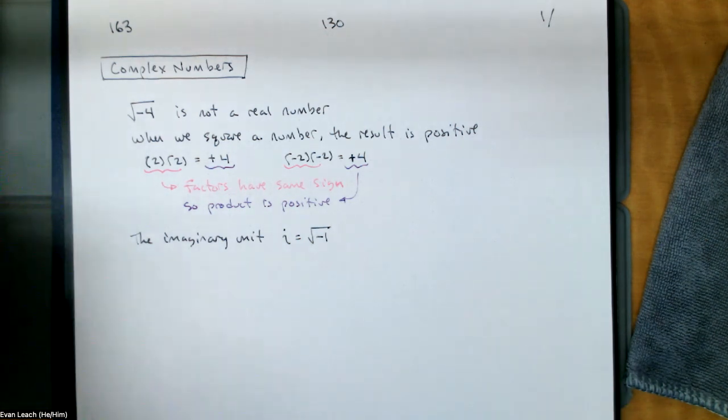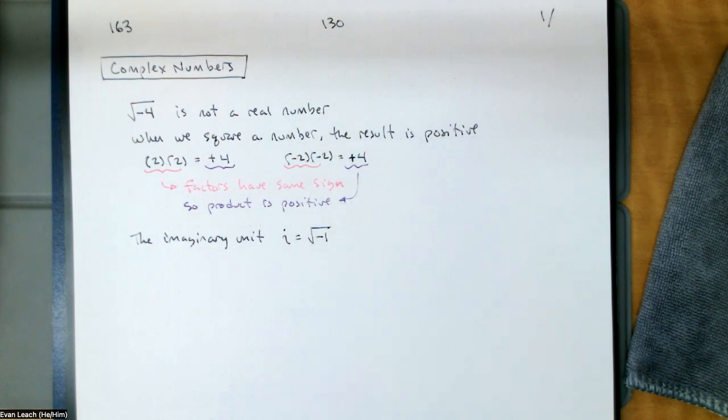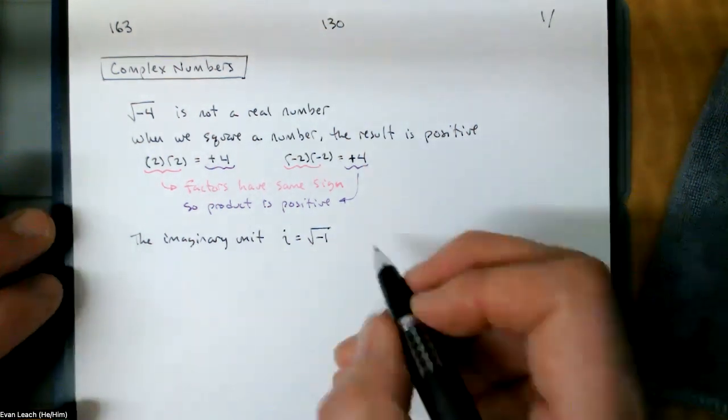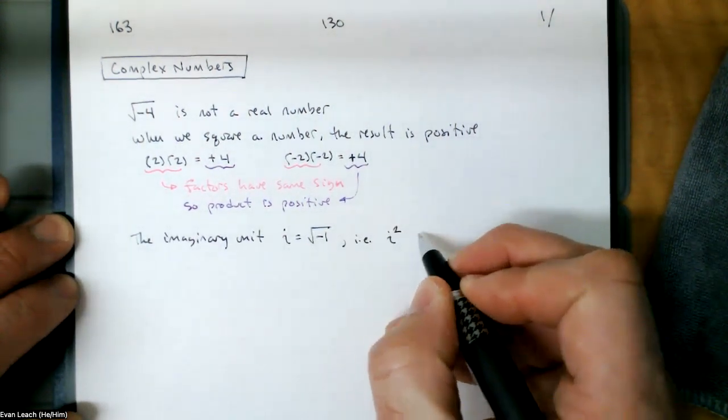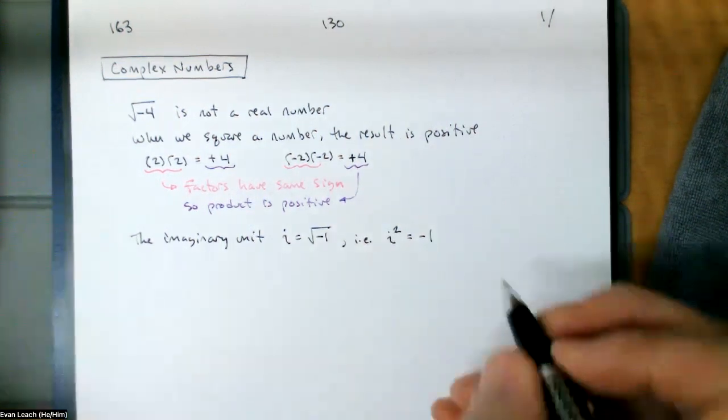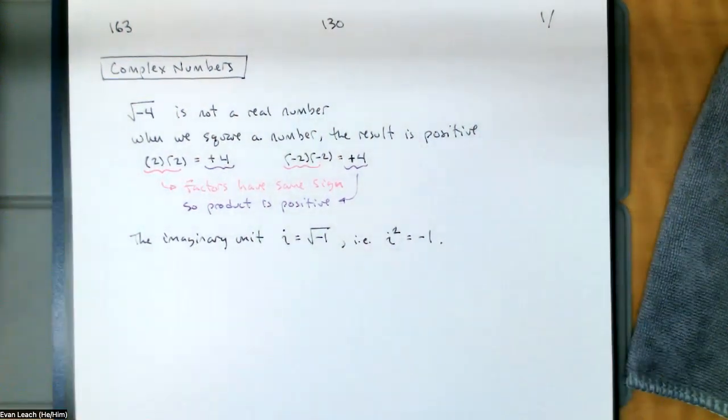This is a number, clearly not a real number, because no real number can do this. i, the imaginary unit, is a number such that when you square it, you get -1. Clearly, i is not a real number, because no real number does this.